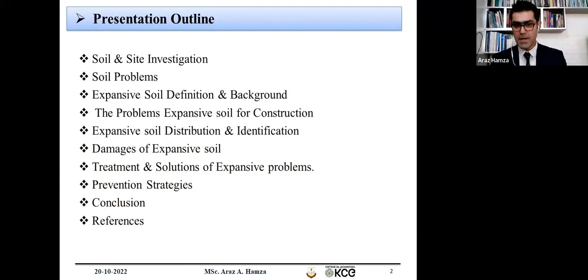Then we define this type of soil and give some background, and then we focus on the problems of expansive soil for construction. And we are talking about the expansive soil distribution in the world and identification, how we can identify this type of soil. And then we are talking about the damages of expansive soil.